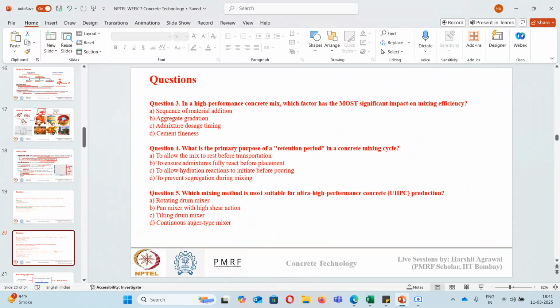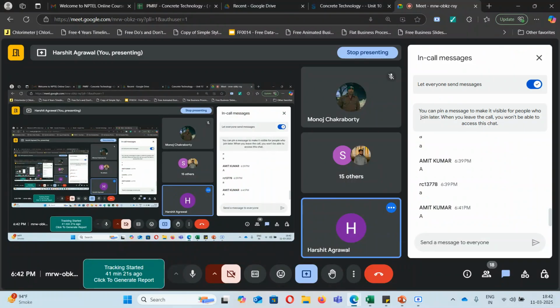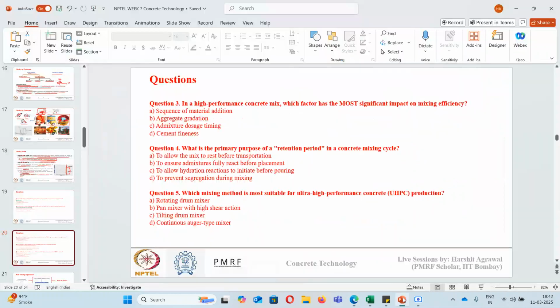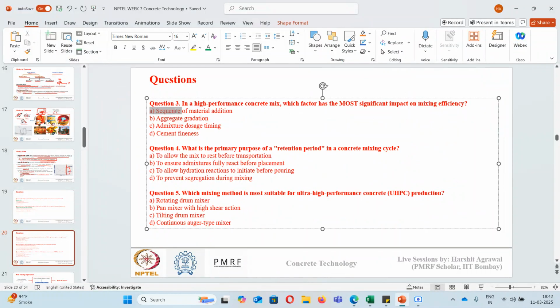So can anyone tell me the answer for this? Okay, so the correct answer will be A, the sequence of material addition.